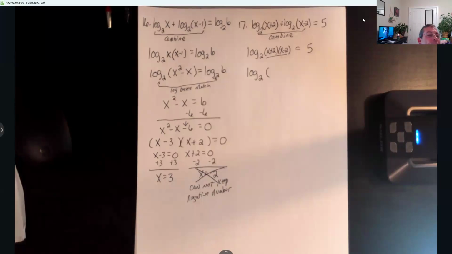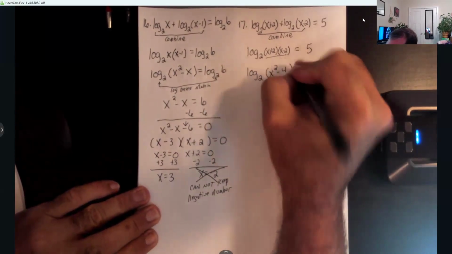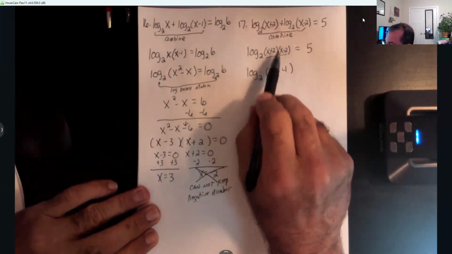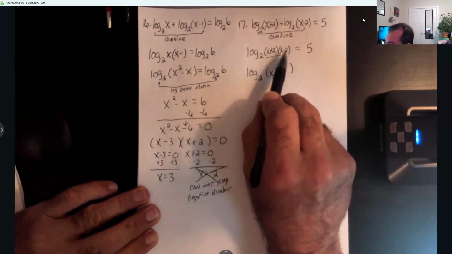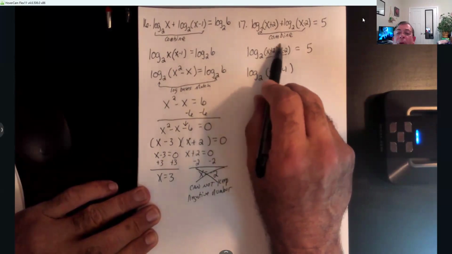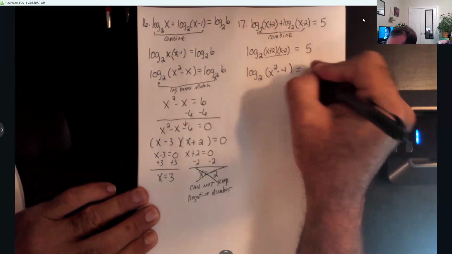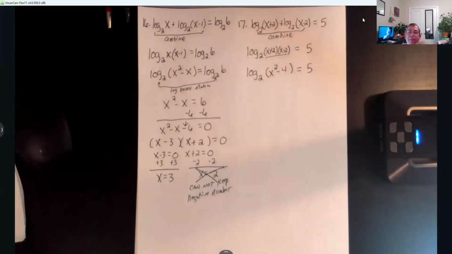Oh, y'all done got that for me. What y'all got? X squared minus 4. Good job. Y'all, conjugate pairs, x times x is x squared, 2 times negative 2 is negative 4. Remember, conjugate pairs, we don't have to FOIL the long way, okay? All right, log base 2 of x squared minus 4 equals 5.